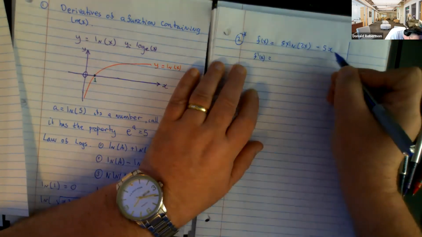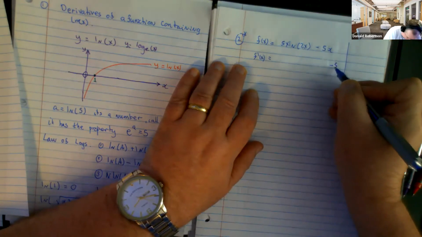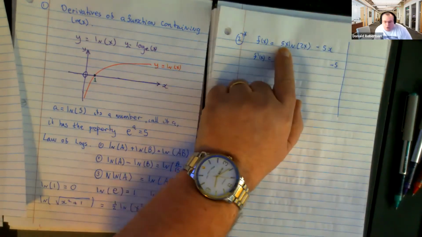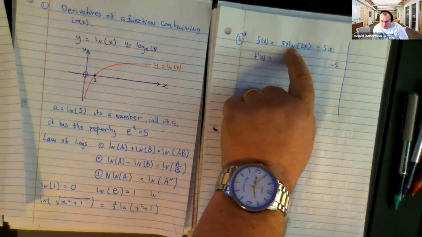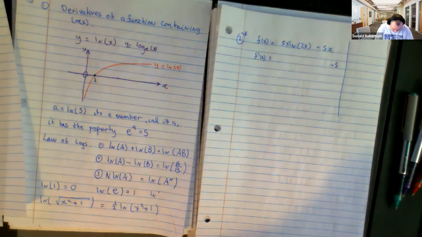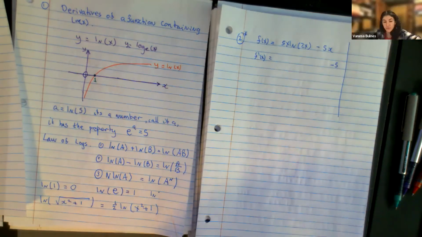Well, differentiating this guy is easy, it's just -5. What methods will I use to differentiate 5x natural log of 2x? Product rule, quotient rule, chain rule, what method shall I use? Product rule? I would as well.